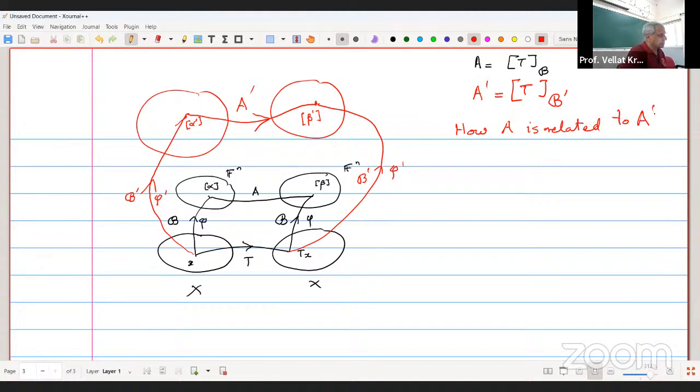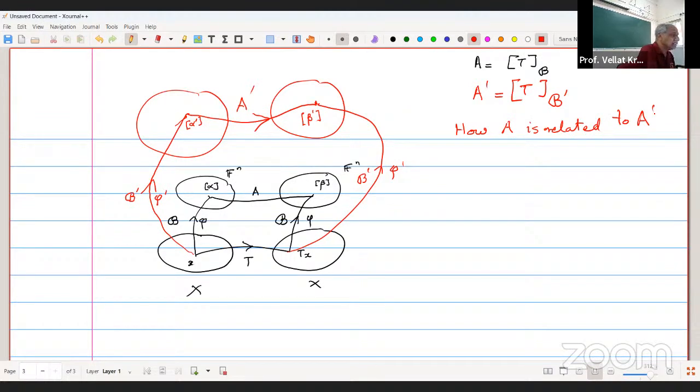Let us work it out. See, what does A do? A maps this representative of X to representative of Tx in a form given by alpha and beta. Okay. So let us do the same thing.